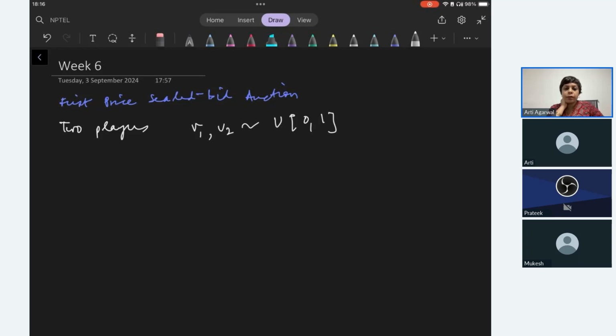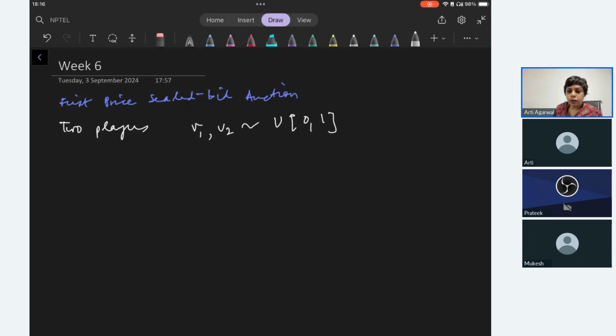Other times the rules may be explained in this way, so please read it properly. If it's not mentioned straight off that it's first price, and the rules are given, then read the question properly, because sometimes there may be some variation in the question.